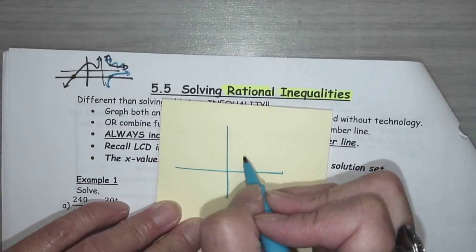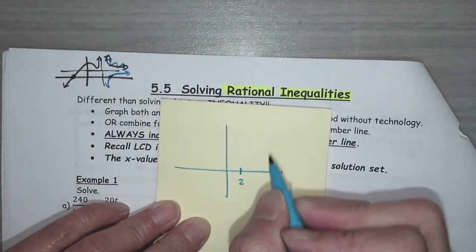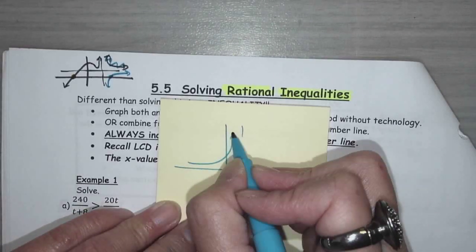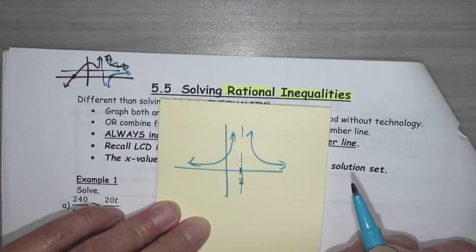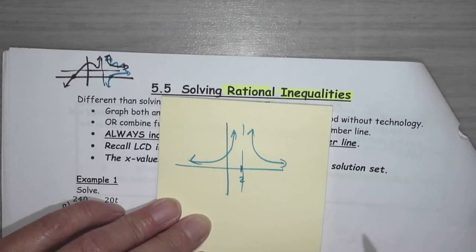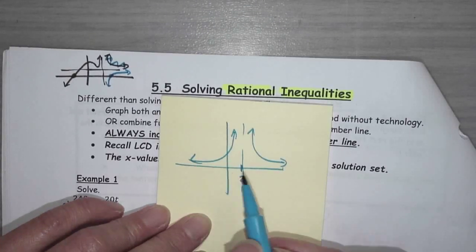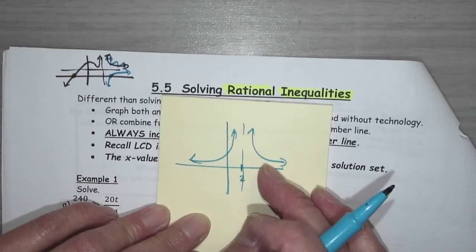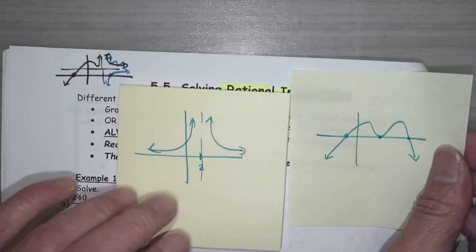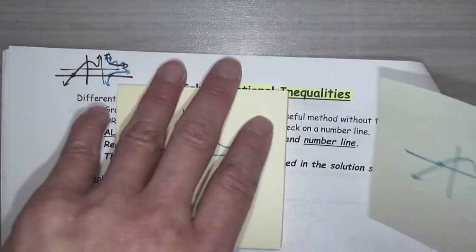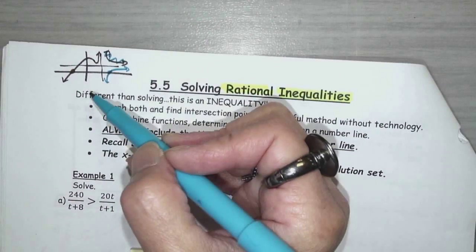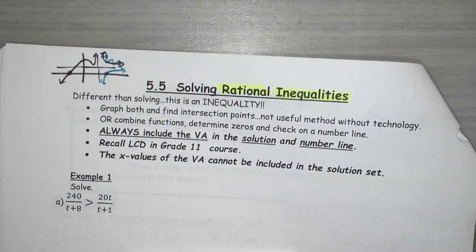So just because there's an asymptote here, it could do this. It could go from positive to positive, not negative to positive, so we don't know. The asymptote is not telling us whether it's positive to negative or negative to positive. So not like a polynomial. A polynomial was more straightforward. You looked at the order, you looked at what was happening. So now that there's asymptotes, a lot more things can be happening.